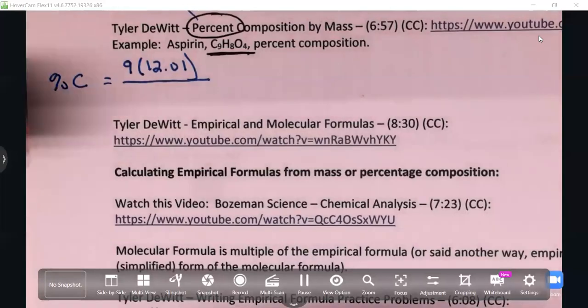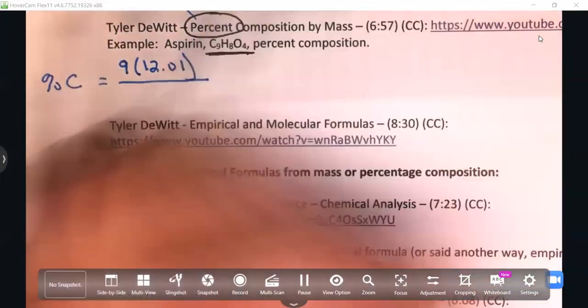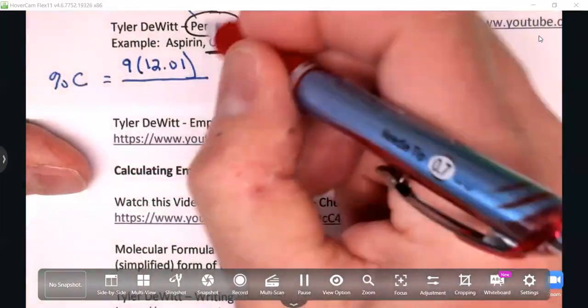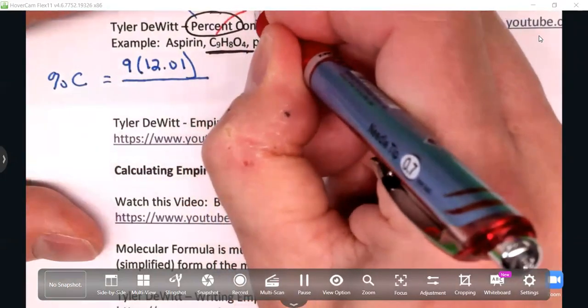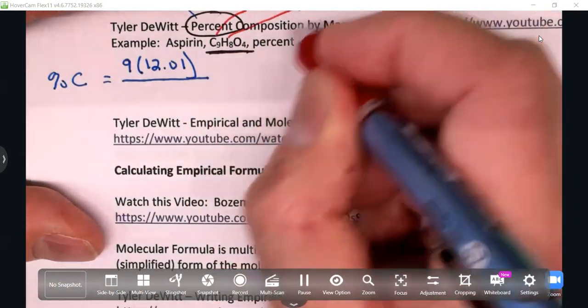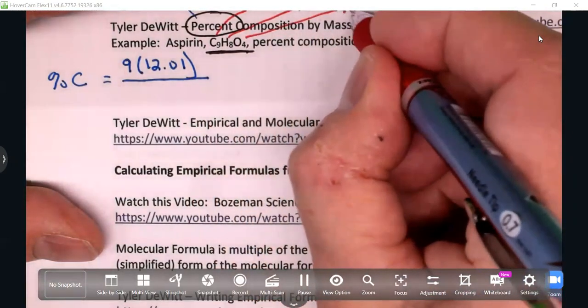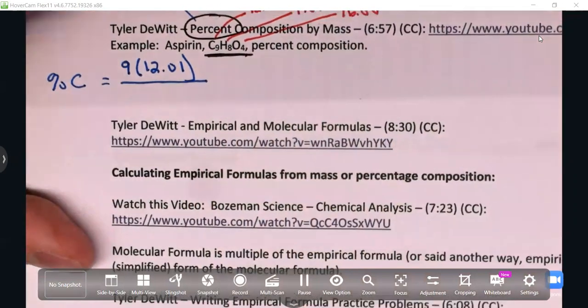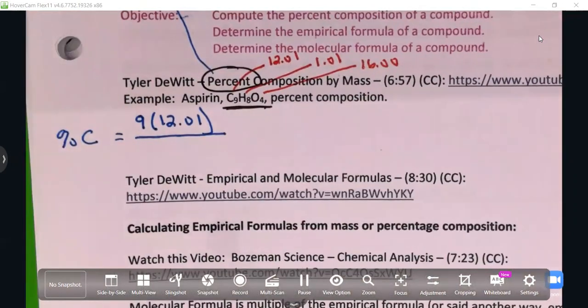And again, you're going to memorize these because you now have memorized carbon as 12.01, hydrogen at 1.01, and oxygen at 16.00. We'll put that on the screen. There we go.